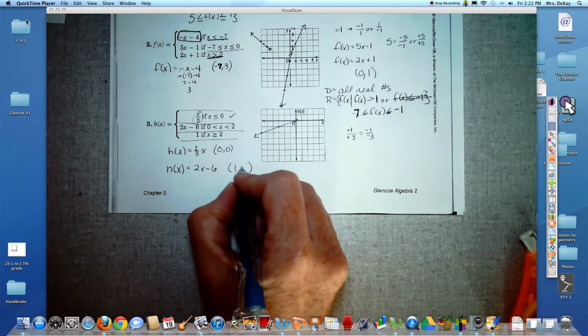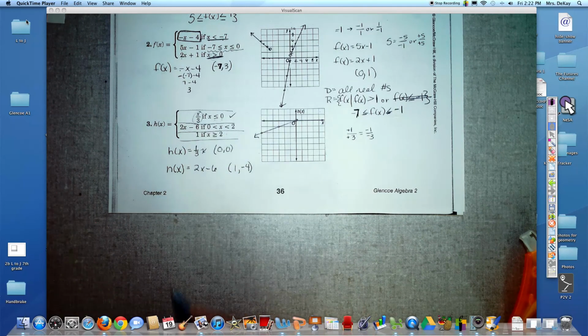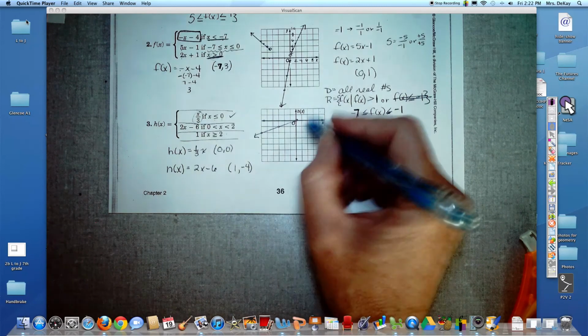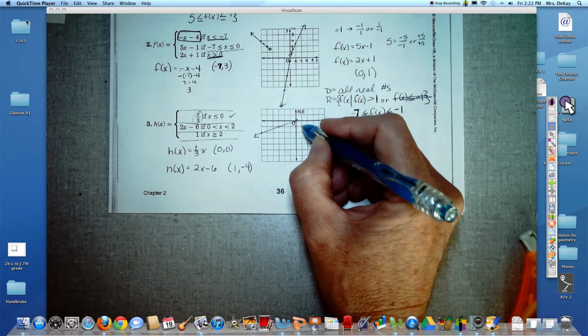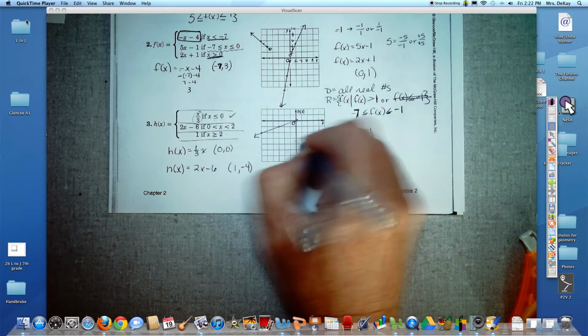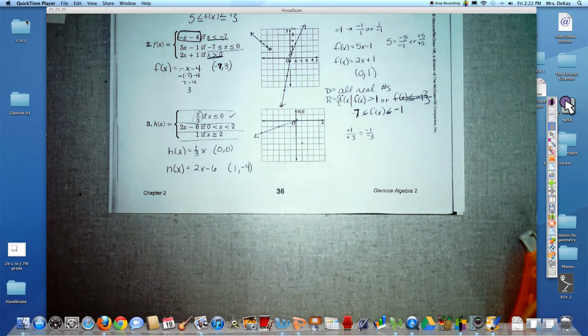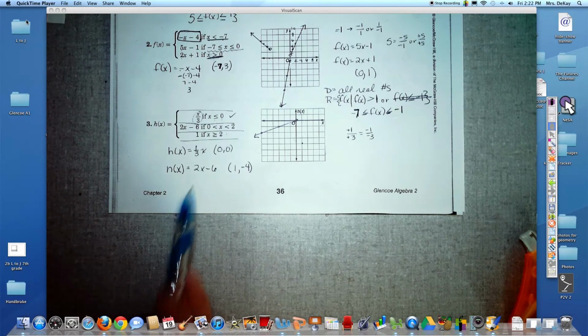So I could make a dot, but I don't really want to make a dot there. That's not where my graph's going to start. I just know it's going to go through that interval. So if I'm at 1, -4, my line's going to go through there, but it's not going to start there. The line's also going to go through the y-axis at -6.